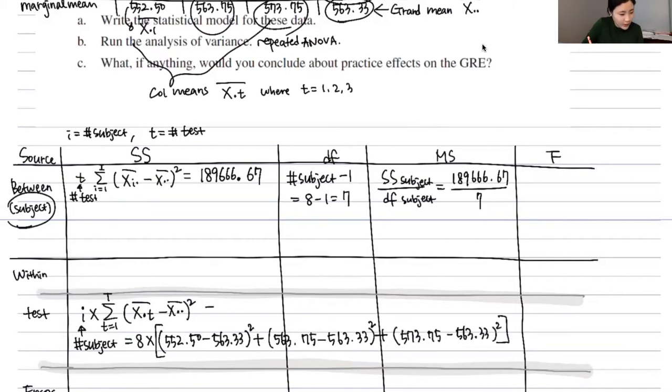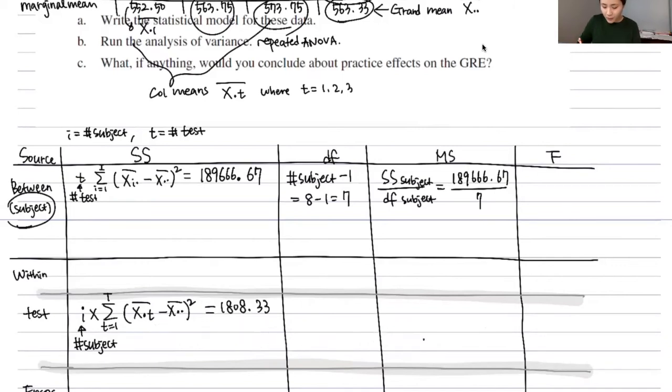The value is 1808.33. The degrees of freedom is the number of tests minus 1, which is 3 minus 1, which is 2. And the mean square is the sum of squares for test divided by the degrees of freedom of test.